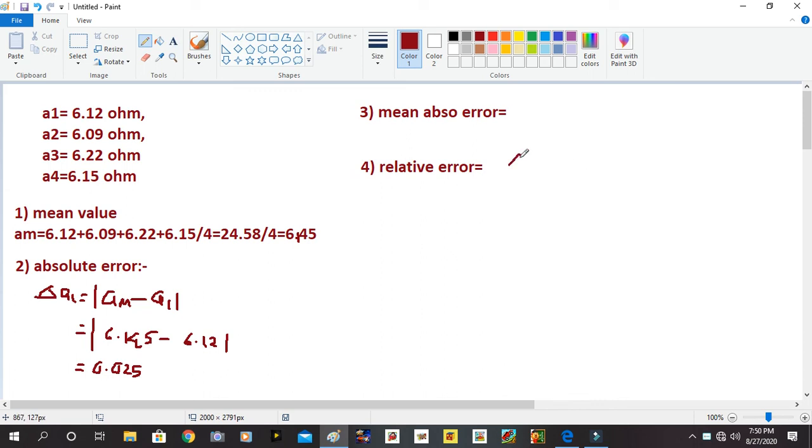We have just learned that it is delta AM upon AM, and then multiply this value by 100%, then the percentage error can be found out. I hope you will complete this numerical. It is quite simple, just addition, subtraction, multiplication and division are used there. I hope you understood this one. Thank you.